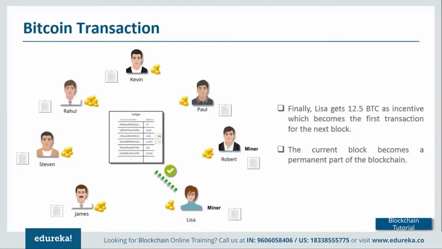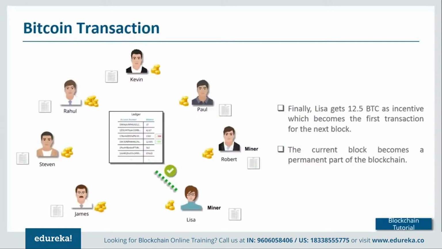But it's not as simple as you think. Mining requires a lot of investment, and as I had mentioned, it's not easy for one single person to mine the resource. So in today's world, a lot of miners come together and form something known as a pool. These people invest all the resource that they have to solve the block together, and based on how much resource they have invested in mining, the reward gets distributed accordingly.